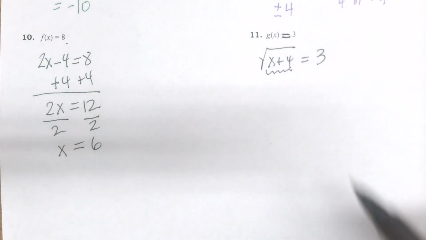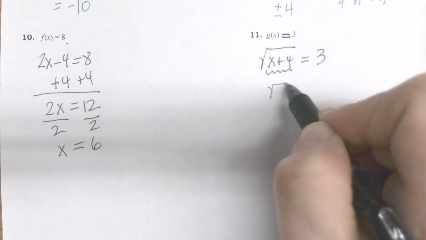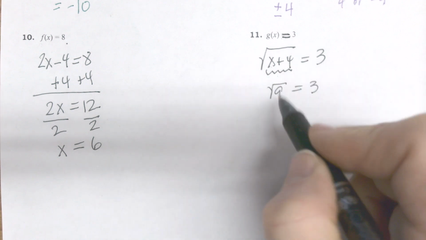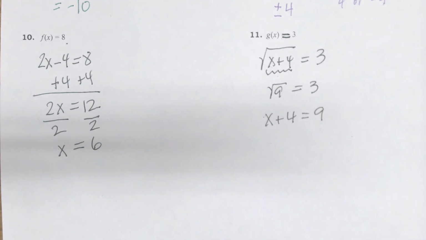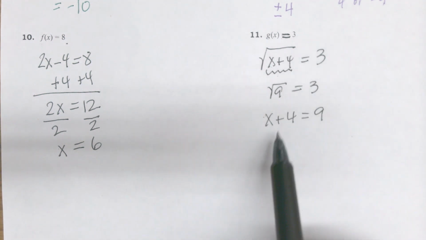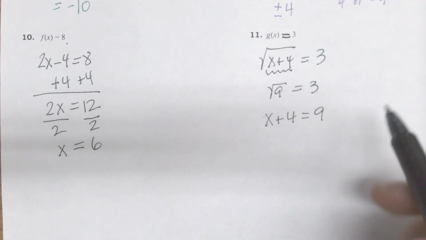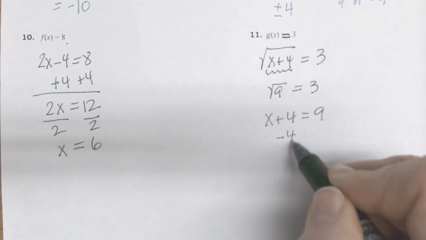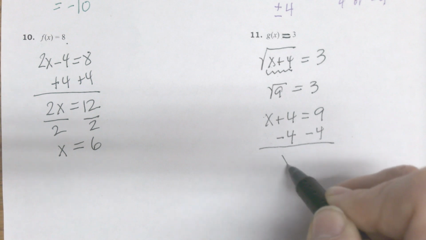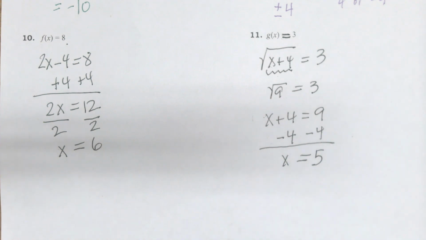Inside of here would definitely be 9, because the square root of 9 is 3. That means x plus 4 must equal 9. A lot of people get real confused about that. So I have to add something to 4 to get 9. What does x have to be? If I can't tell by looking at it, I can just plug it in my calculator.